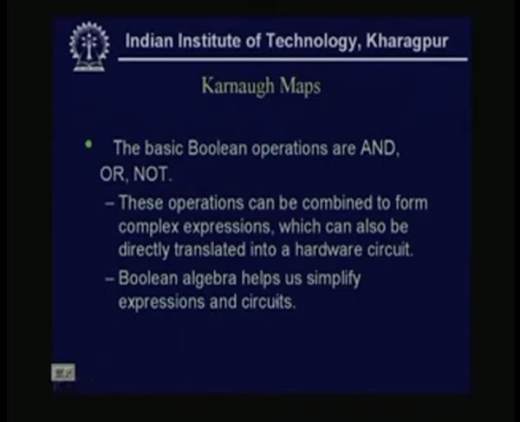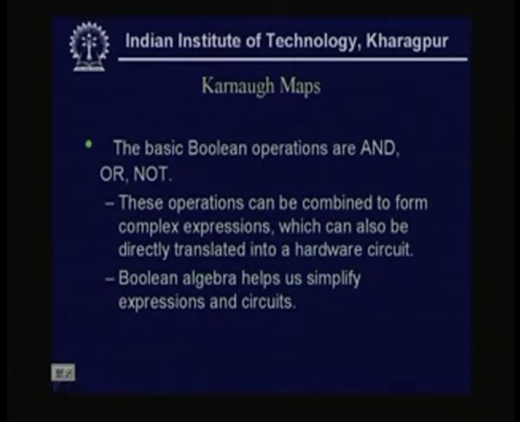Now, Boolean algebra helps us simplify expressions and circuits. Using the theorems and postulates we have read, we can simplify, but as I mentioned last day, there is no clear cut rule; we have to apply them in different ways. In today's quiz questions we have solved, we have seen that by applying those theorems and postulates we can simplify those Boolean expressions.